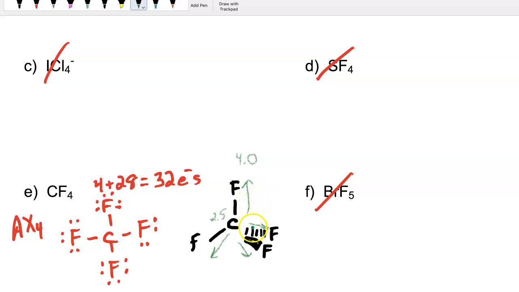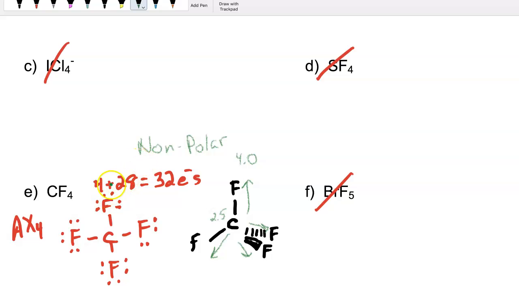So that Winnie the Pooh bear has been stretched, or you could think about Woody from Toy Story. So if they're all being pulled at 109.5 degrees apart and they're all pulling equally hard, Woody's not going to move at all. So this guy is actually nonpolar, even though he has polar bonds.